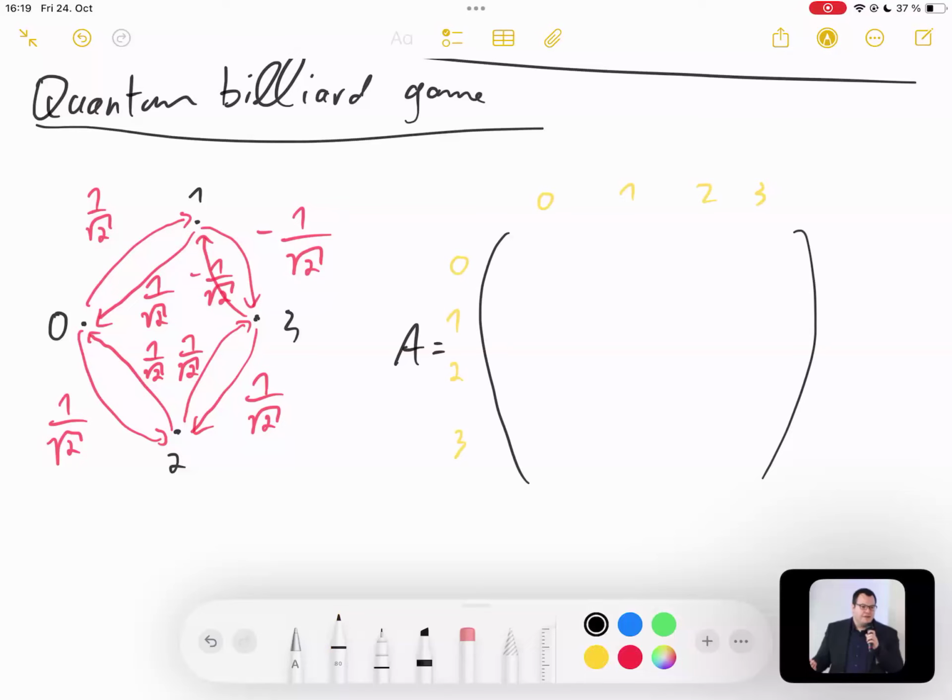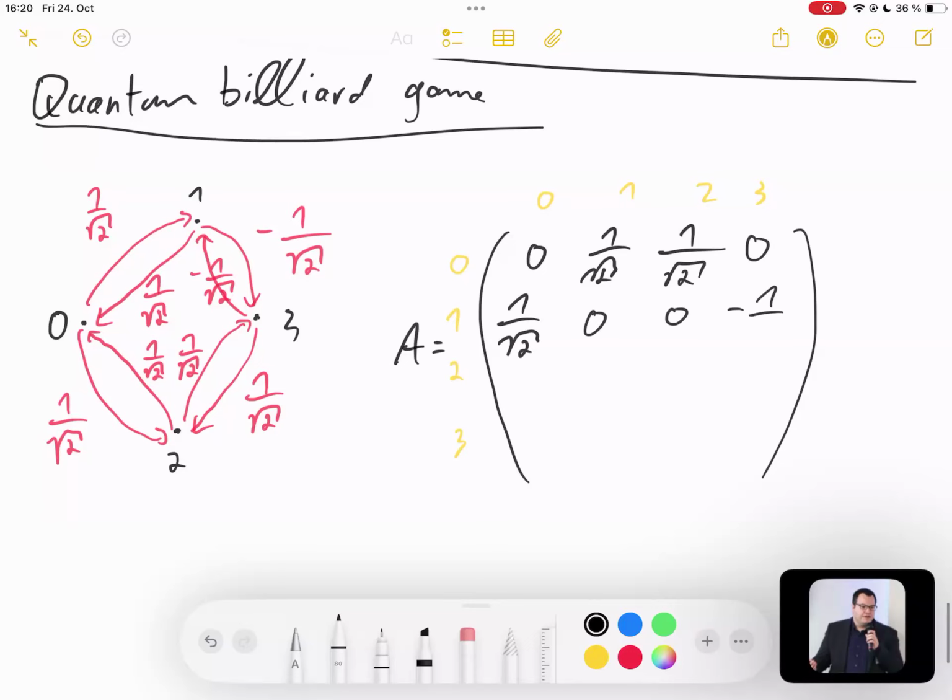What does the matrix look like? 0 has incoming ones from 1 and 2, so I have zeros here, and this is 1 divided by the square root of 2 and 1 divided by the square root of 2. 1 has incoming ones from 0 and 3. From 0, it's 1 divided by the square root of 2. Then no incoming ones from 1 or 2, but from 3, which is minus 1 divided by the square root of 2. Remember, these are all complex numbers, even though they just have a real part.